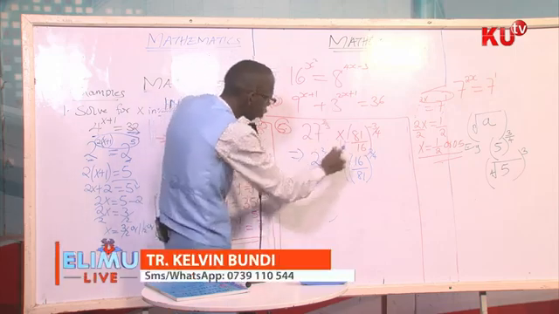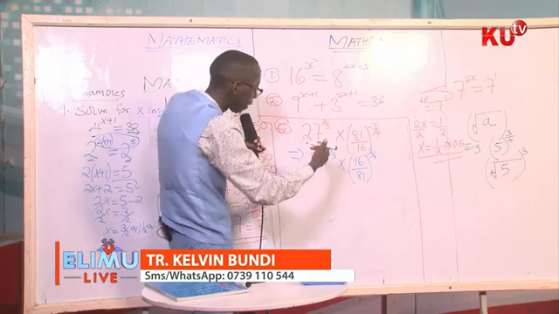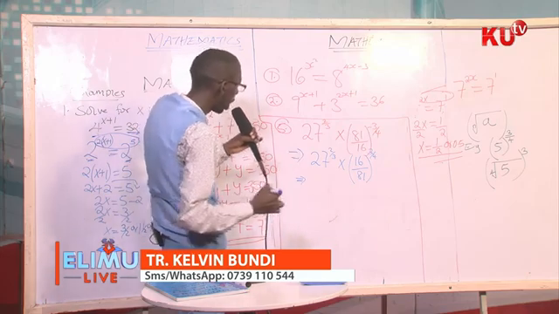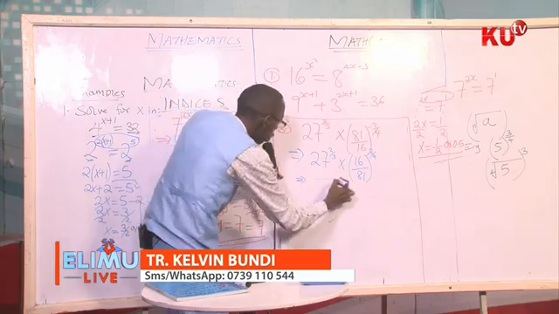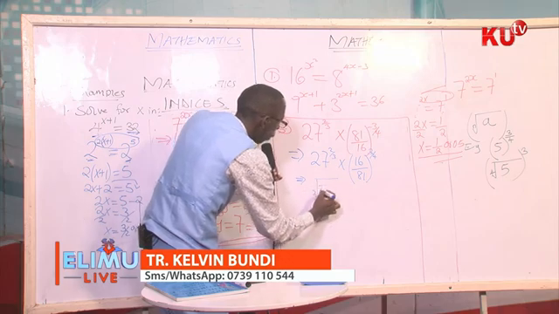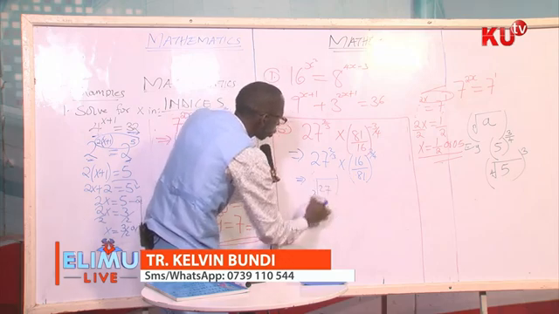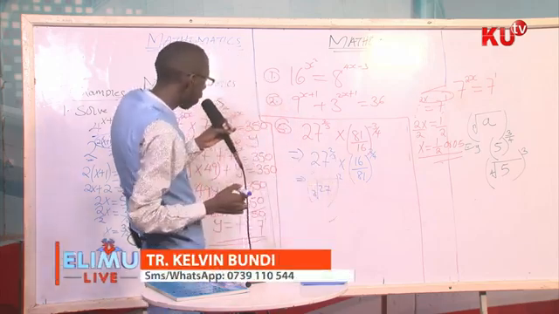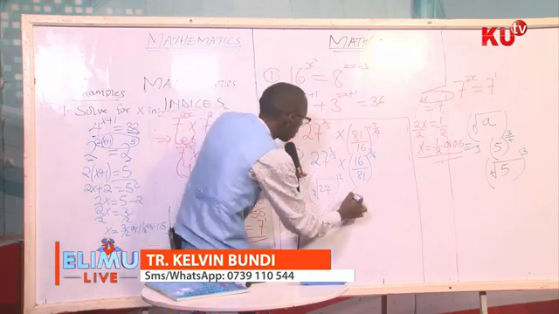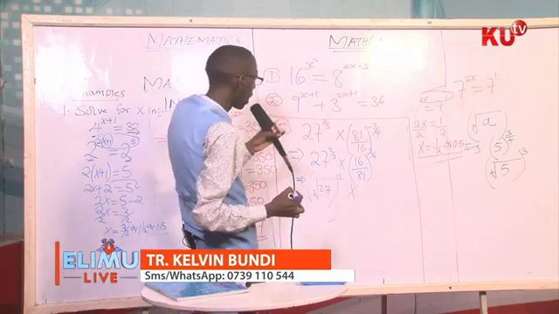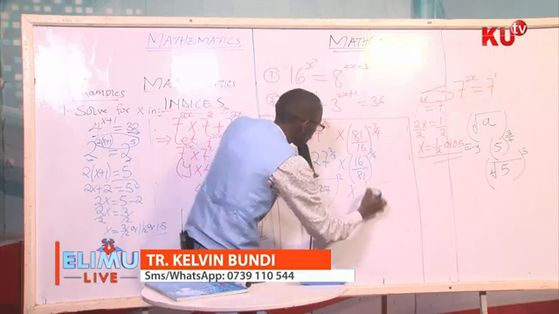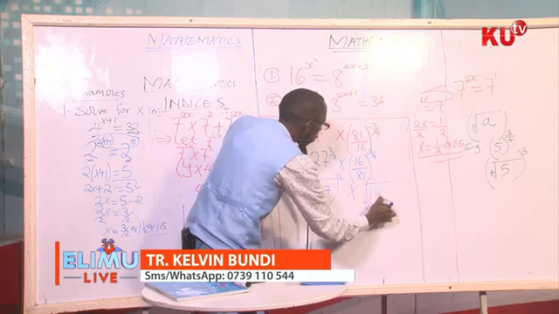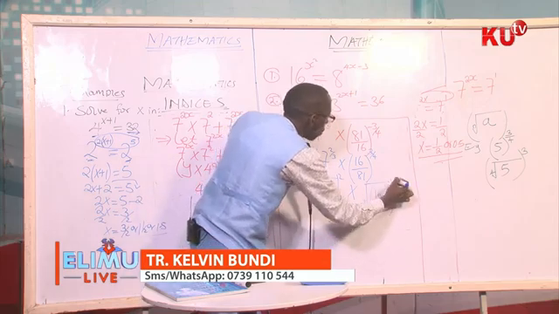The denominator is the root, the numerator is the power. So 27 to power 2 over 3 will be the cube root of 27 to power 2, multiplied by the fourth root of 16 over 81 to power 3.